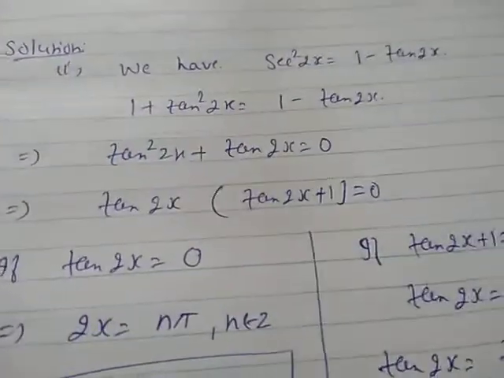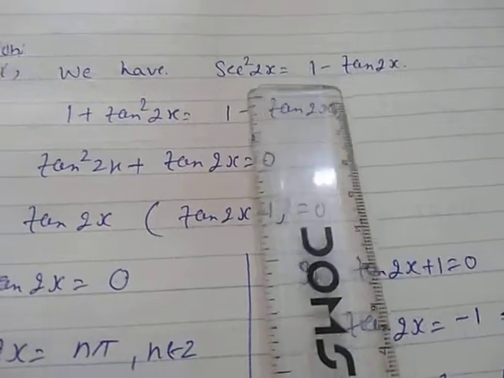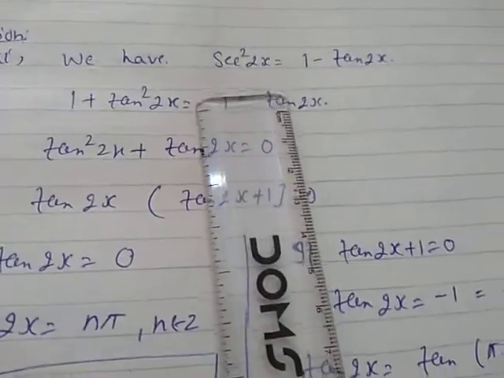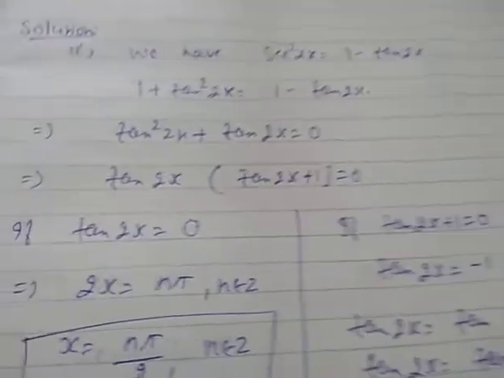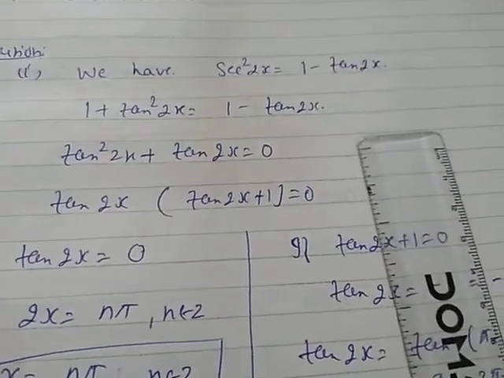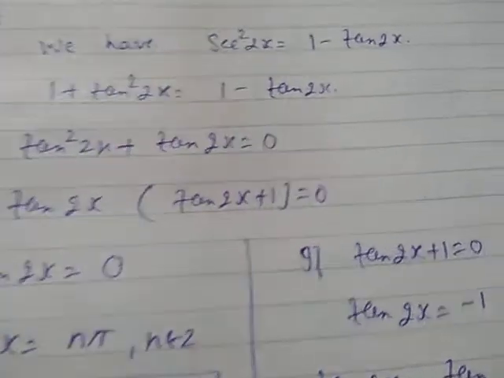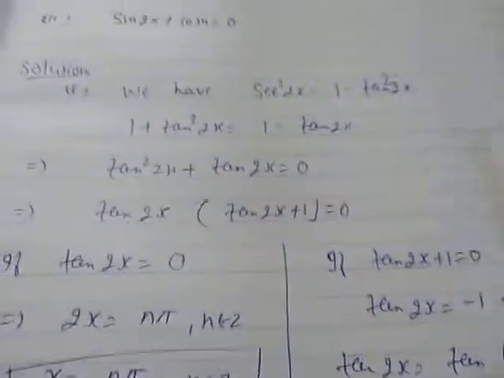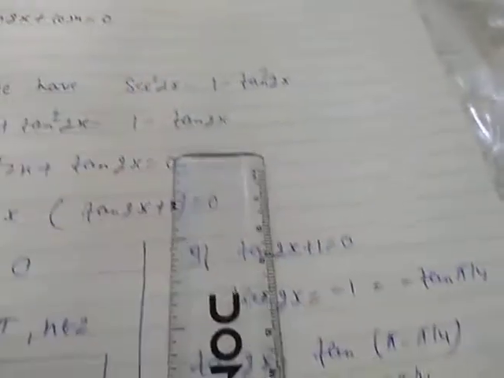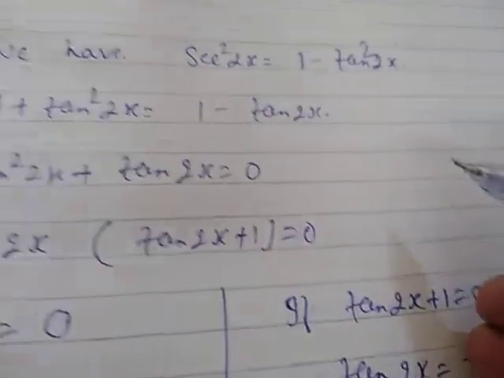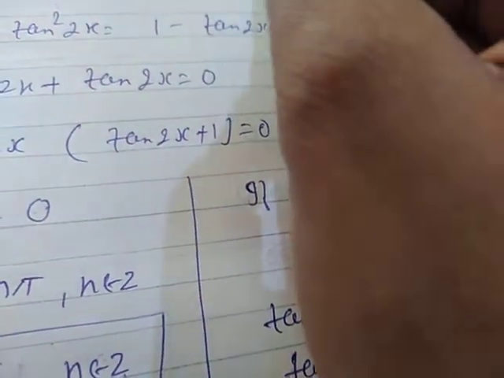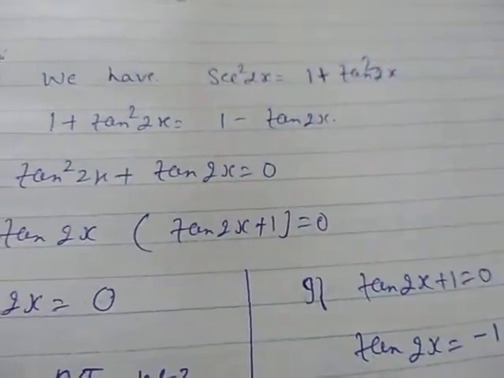Now first, sec square 2x is equals to 1 minus tan 2x. Since we know sec square x is equals to 1 plus tan square x, hence sec square 2x is equals to 1 plus tan square 2x.